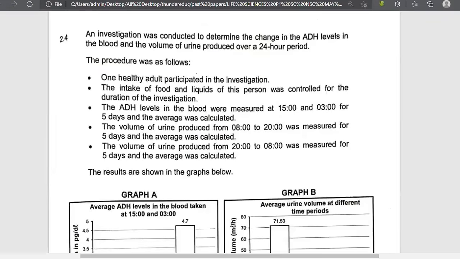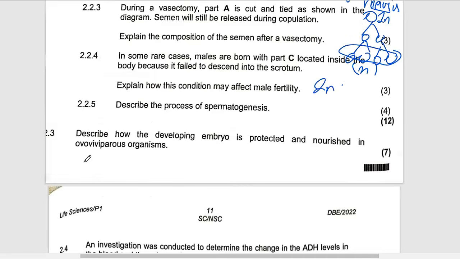So these are animals whereby you have ovo, which means the ovum, and then vivi means inside. So it means that the ovum is developing inside the mother's body. Yes, but it does not obtain nutrients from the mother. It obtains nutrients from the ovum. That's why it's called ovoviviparous.